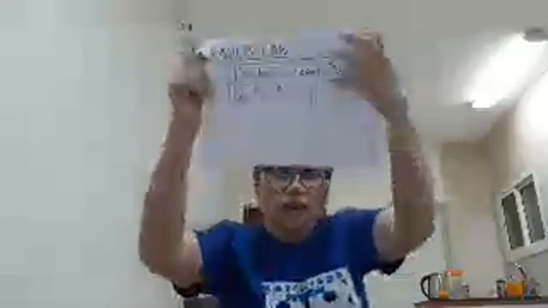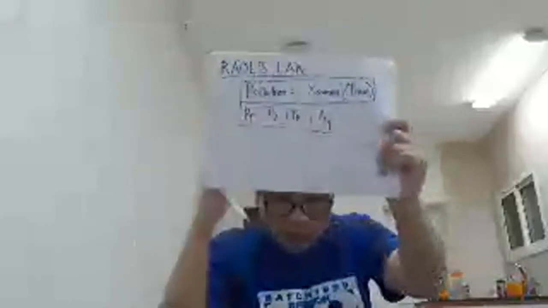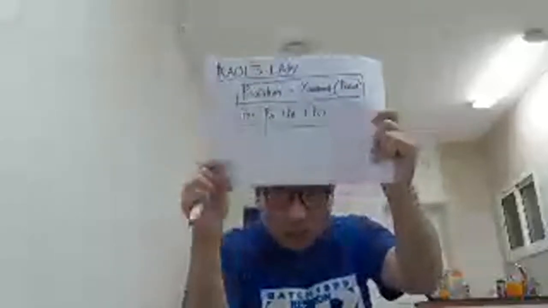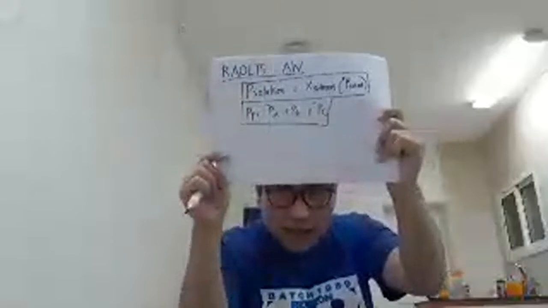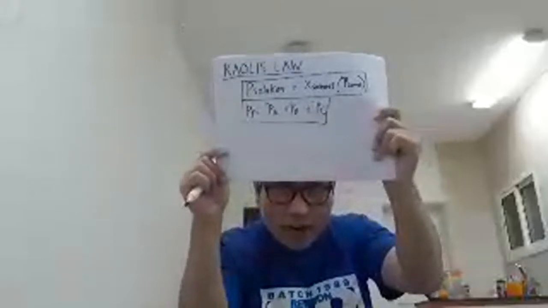So the total pressure in Dalton's law: total pressure equals partial pressure of component A plus partial pressure of component B. This is the second equation, which came from Dalton's law of partial pressures.